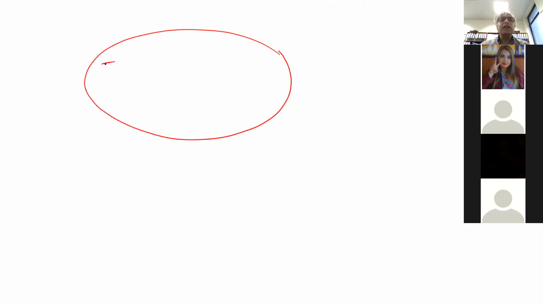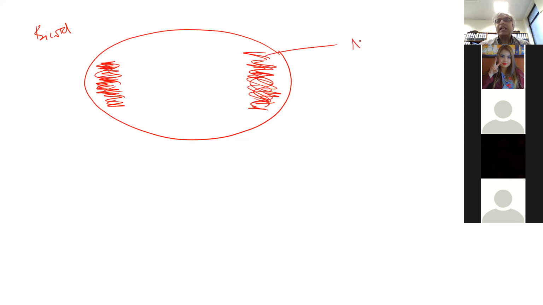What they discovered is that bicoid messenger RNA is present here. And similarly, they discovered another one on the posterior side, and this is called nanos.